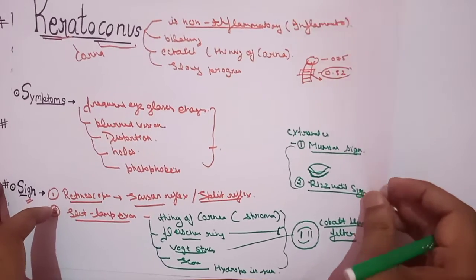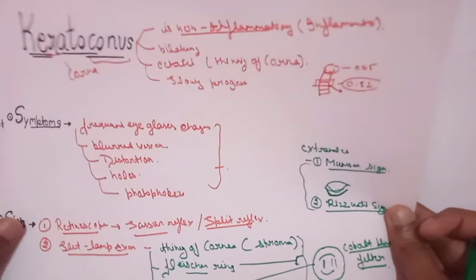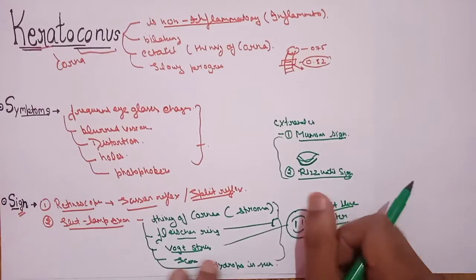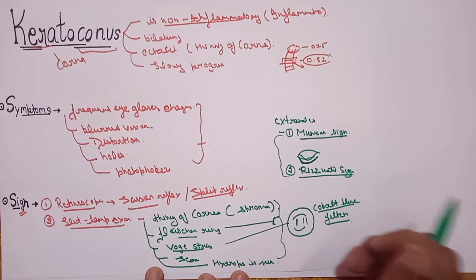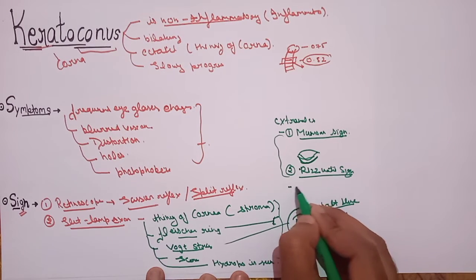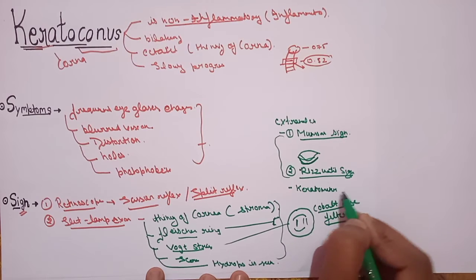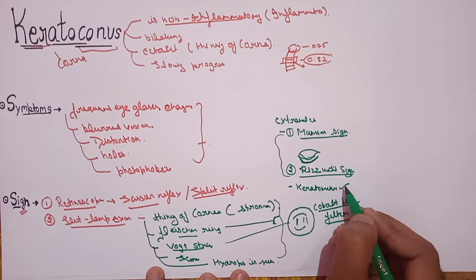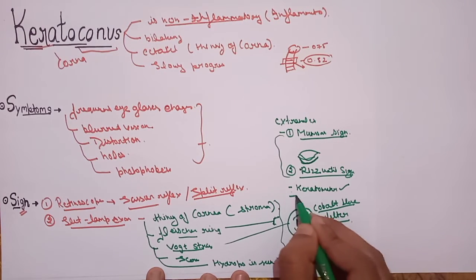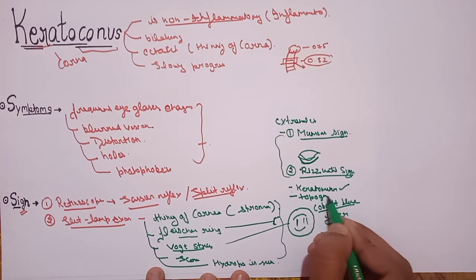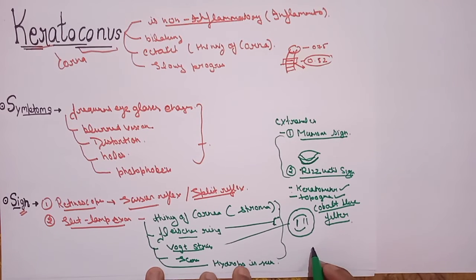What do we see with the help of instruments? With the keratometer and topography we see high cylinder, and the last is pseudo-rings or pseudo-discs.